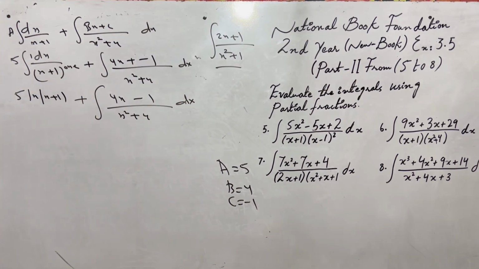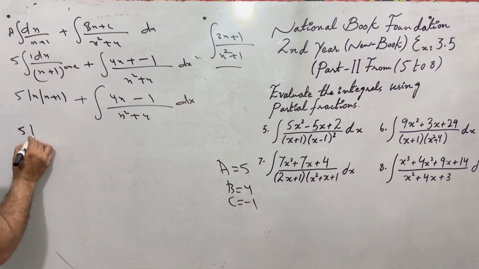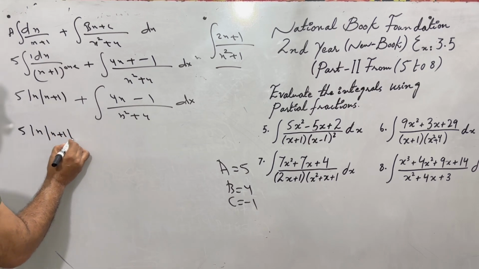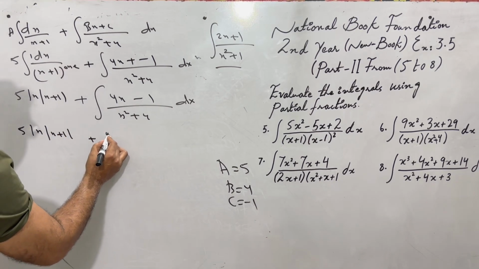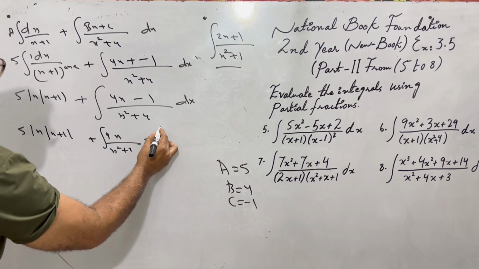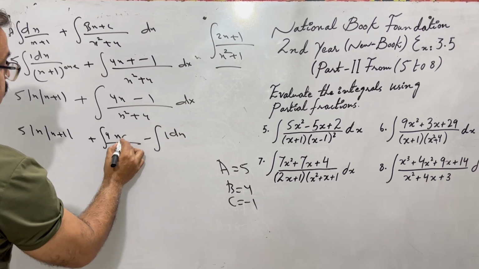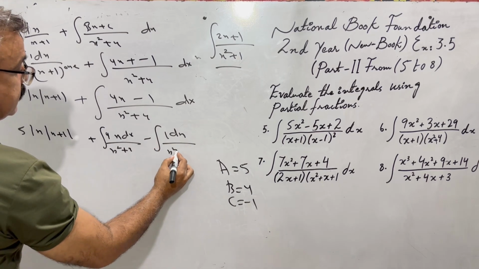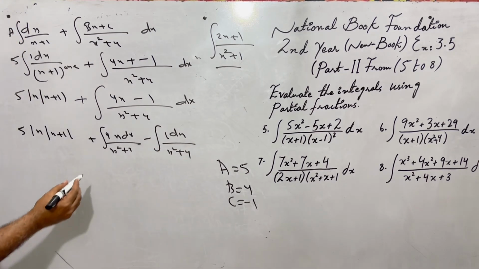I am doing this again here, don't you worry. 5 times ln x plus 1. If I divide separately, 4x divided by x square plus 4 and minus 1 times dx divided by x square plus 4. Look at this.